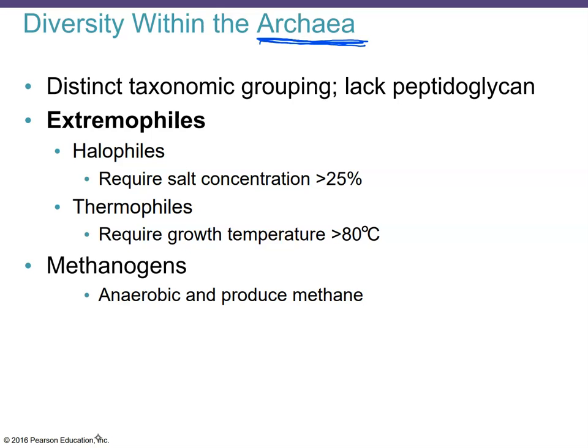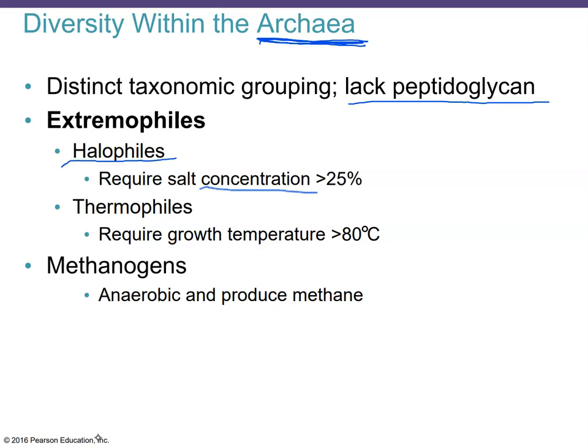It's a whole domain because of their very distinctly different genetics, and so they really don't belong either with the eukaryotes or with the eubacteria, even though they are truly prokaryotes. But they do not have peptidoglycan cell walls, and they're just really different. So we have these 3 groups: the halophiles, the salt lovers.